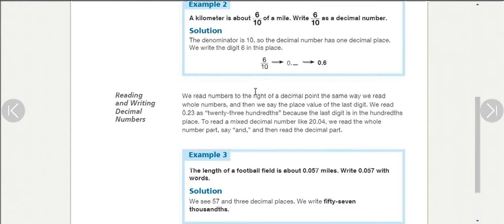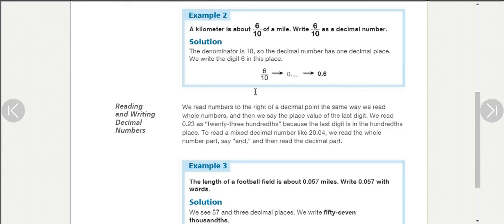A kilometer is about 6/10 of a mile, so write 6/10 as a decimal number. I appreciate the real-world context here, that's kilometers to miles. The denominator is 10, so the decimal number has 1 decimal place because there's 1 zero in the 10. That's the way they're using the shortcut.